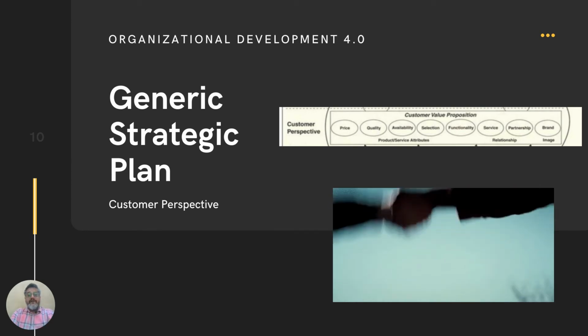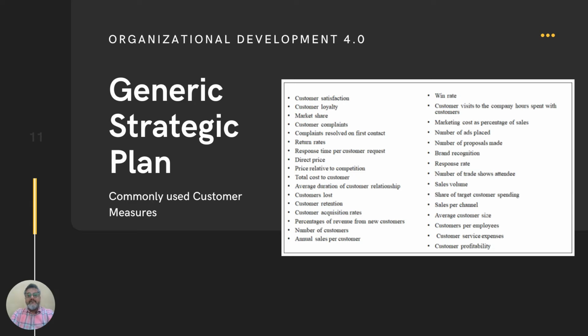There are a lot of different measures being taken, or evaluations that are done, to make sure that we are up to the mark in terms of our customer perspective, because this is the deciding factor whether we'll be in the business or not.